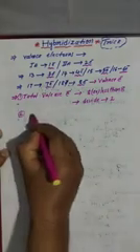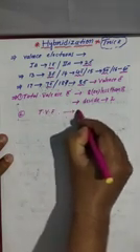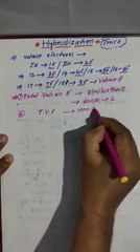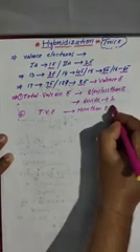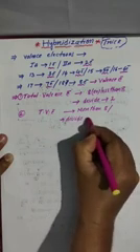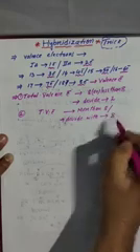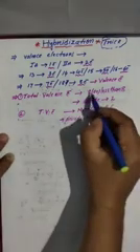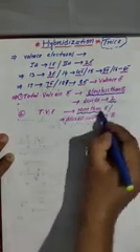And next, if the total valence electrons are more than 8, then you have to divide by 8. Clear? Simple. Valence electrons 8 or less than 8, divide by 2. More than 8, divide by 8. So your hybridization is ready.